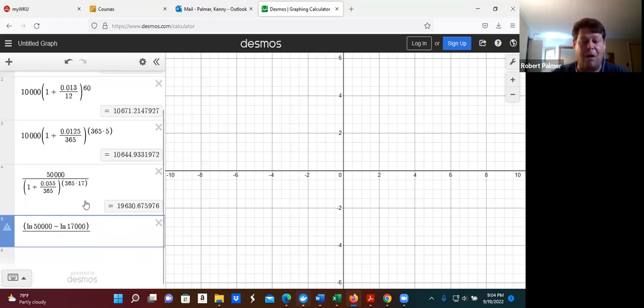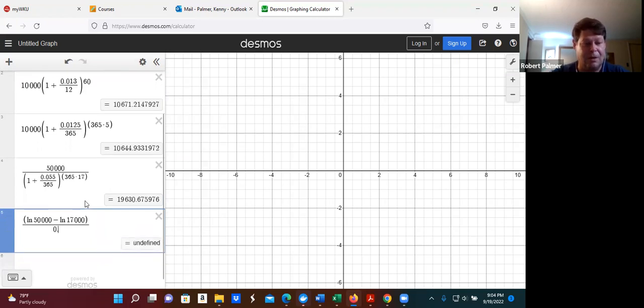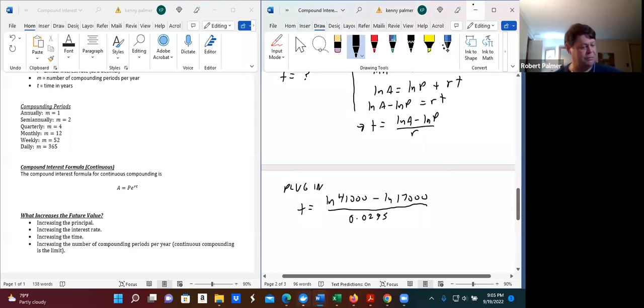Then divided by R, which is 0.0295, our interest rate as a decimal. It says that's going to be, let's round off to two decimal places, 36.57 years. So a little over 36 years and about another 6 months approximately.